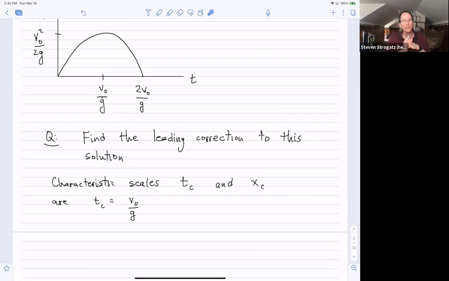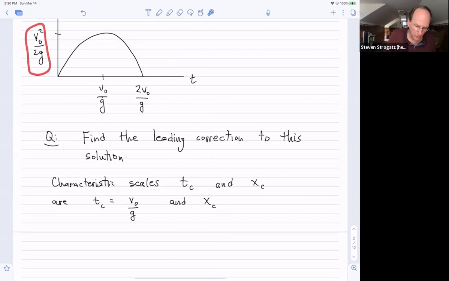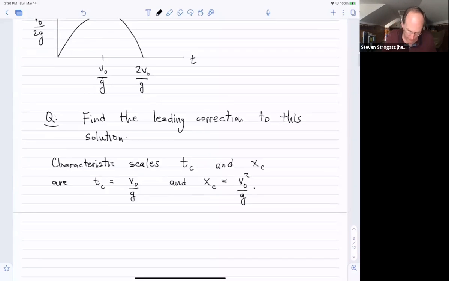And a characteristic scale for XC would be given by this height. Since I don't feel like dragging around factors of 2, I'm just going to ignore that and say XC, let's suppose, is just V0 squared over G. I can define the XC and the TC any way I want, really, as long as it has the right character. So it's simplest to omit those factors of 2.